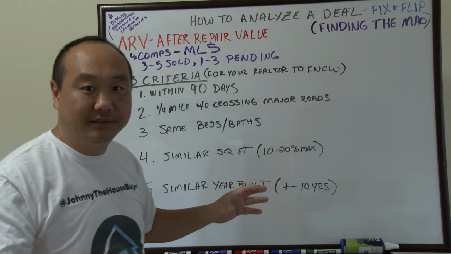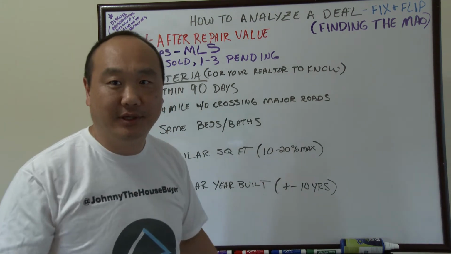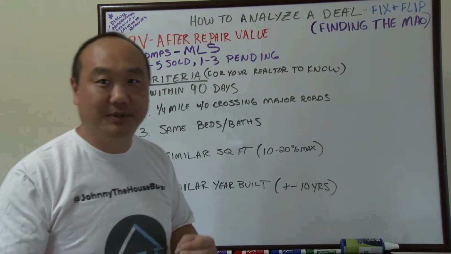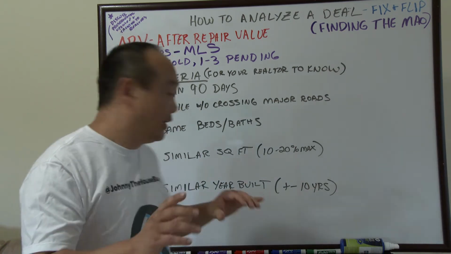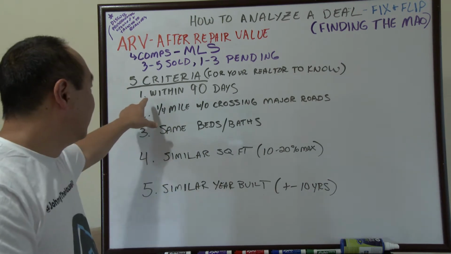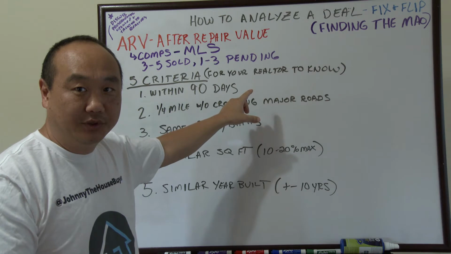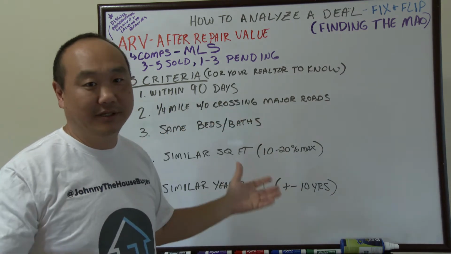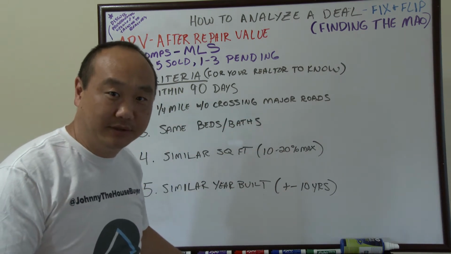We don't care about active, since anybody can put in a list price of whatever the heck they want. We want to know what is pending contracts and what is sold. And the 5 criteria for that is, and this is what you're going to tell your realtor as well. When you ask the realtor, hey, I need you to pull me comps, that's not all you say, right? I need you to pull me comps with these 5 criteria.